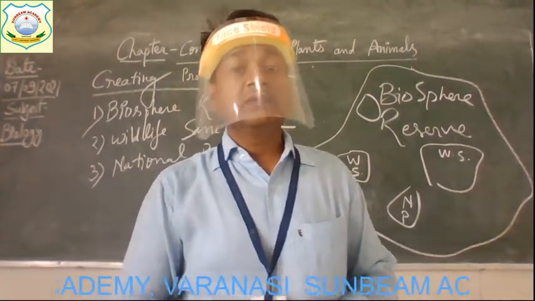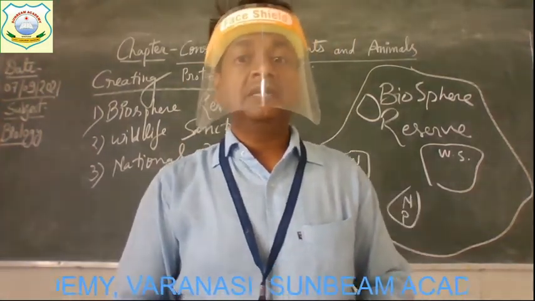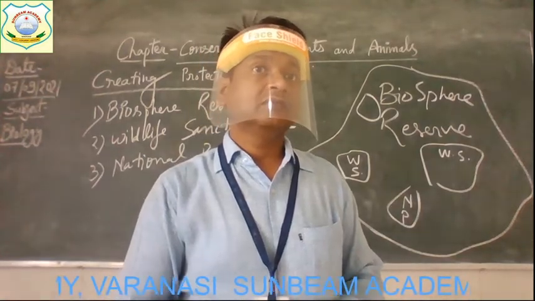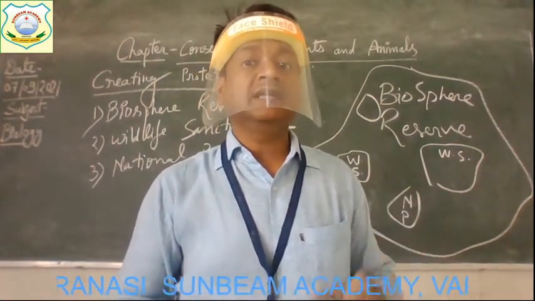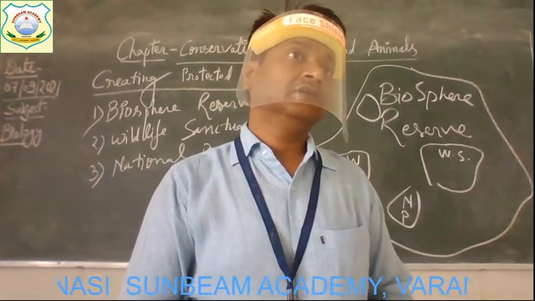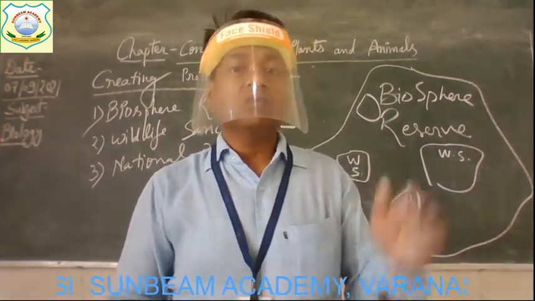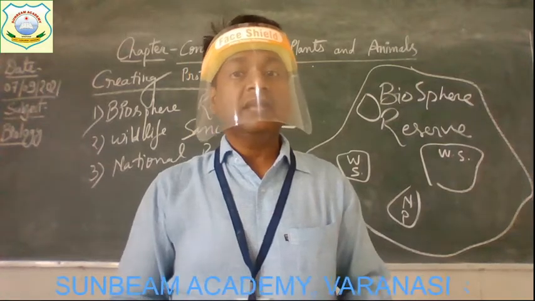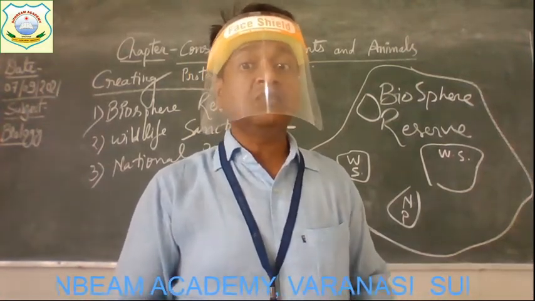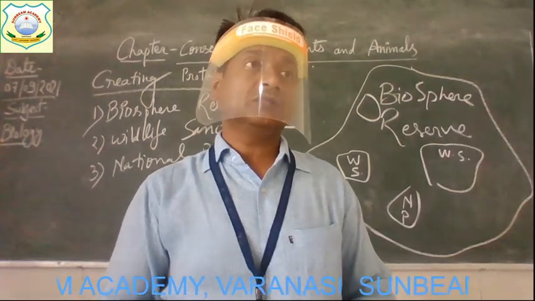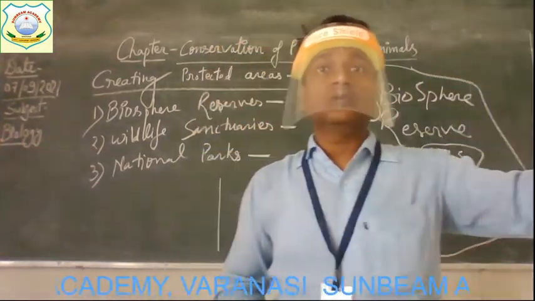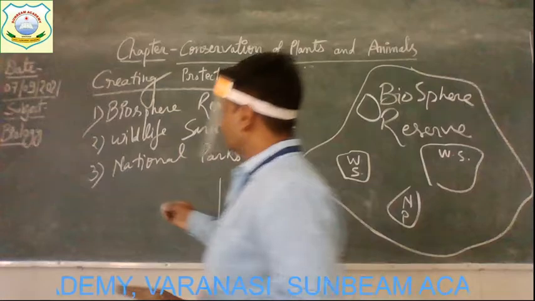Now we have an organization, WWF. What is the full name? World Wide Fund for Nature. WWF, World Wide Fund for Nature, and the International Union for Conservation of Nature and Natural Resources. These are the two organizations.